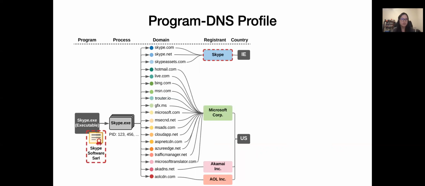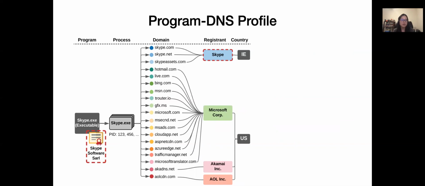To do that, we first build what we call the Program-DNS Profile. So here's a visualized profile for the Skype program where we have the Skype.exe executable on the left, signed by the Skype company. And it instantiated many Skype processes at different times on different end host machines. Next, we have an aggregated list of domains queried by all the benign Skype processes altogether. And going a step further, we find the registrants of the domains, which we see here mostly are Skype and Microsoft.